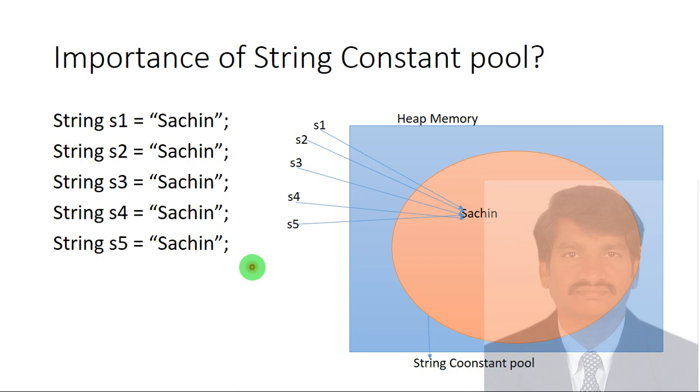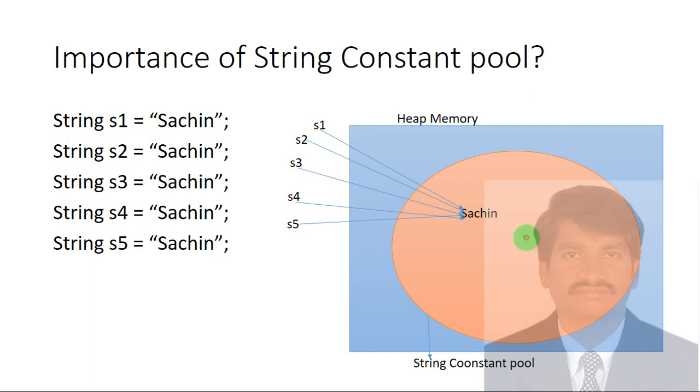What did you understand here? When you are trying to create 5 objects, your JVM will not create 5 different objects with the same content, it will create one object and all the references will point to the same object. So it is for good memory management.